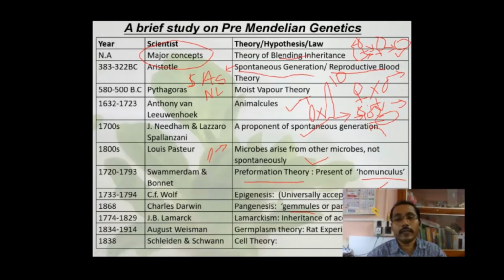He told that organisms have two different types of cells, germplasm and somatoplasm. Only germplasm has the capacity of immortality and is transferred from one generation to the next, and somatoplasm has mortality.